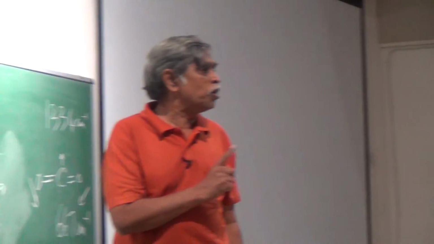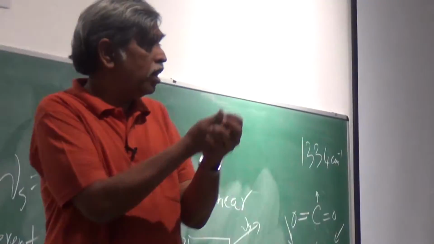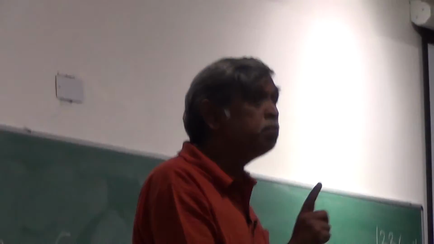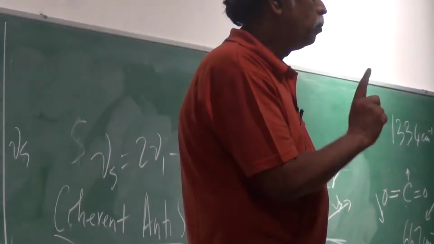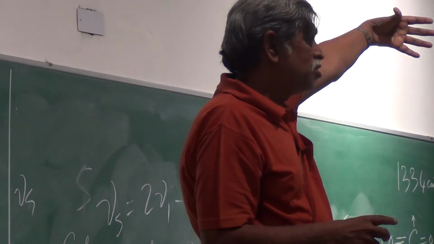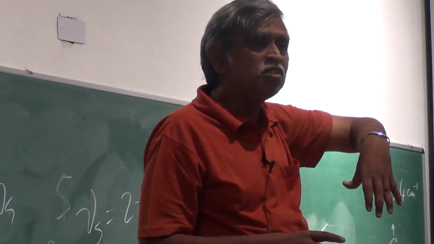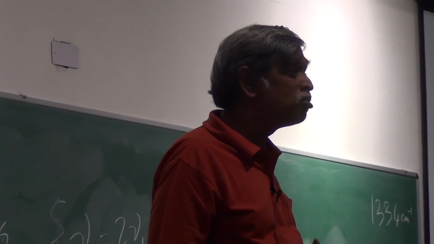It also turns out that if I have a surface, I put a molecule on the surface, what do you think the surface will do to the polarizability of the molecule? It can actually increase it, because the surface will actually drag the electrons towards it, and therefore the polarizability of the molecule can actually be different, can actually be larger when the molecule is put on the surface. So as opposed to a molecule in the gas phase, a molecule on the surface can actually show you a Raman spectra that is orders of magnitude more intense.